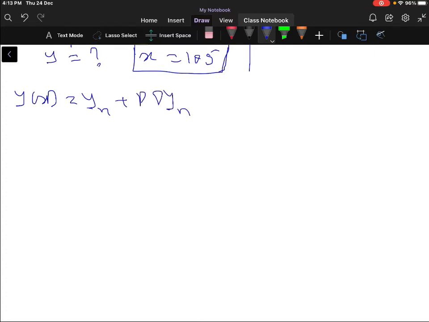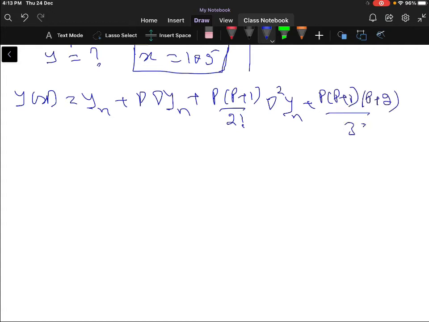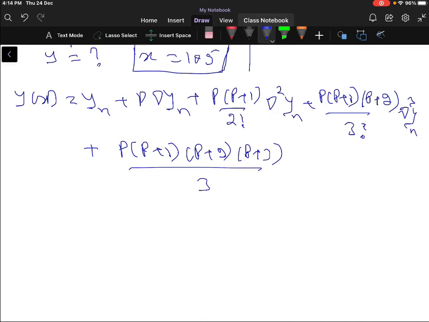y of x is equal to yn plus p into Nabla yn plus p into p plus 1 by 2 factorial into Nabla square yn plus p into p plus 1 into p plus 2 by 3 factorial into Nabla cube yn plus p into p plus 1 into p plus 2 into p plus 3 by 4 factorial into Nabla 4 yn.